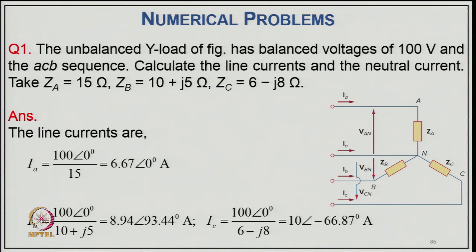So, the current is 6.67 at the angle of 0 ampere, and IB equal to 100 at the angle of 0 divided by 10 plus J5. So, this becomes 8.94 at the angle of 93.44 degrees ampere, and IC equals 100 at the angle 0 divided by 6 minus J8, that is 10 at the angle of minus 66.87 ampere.